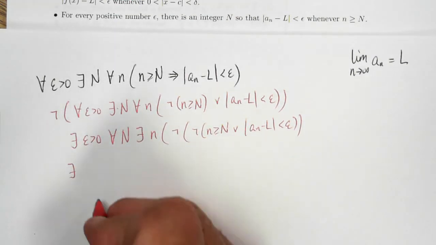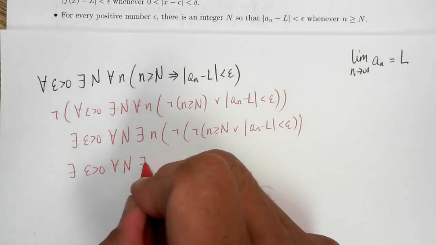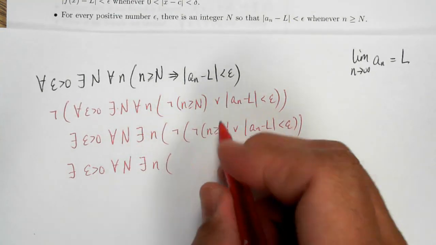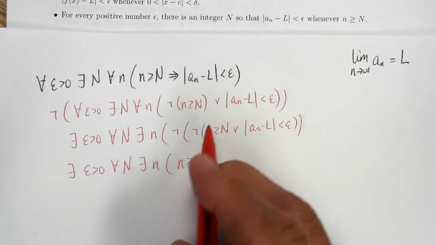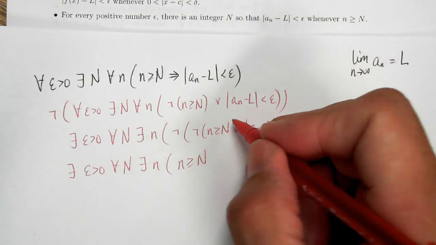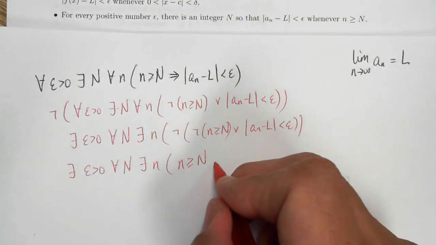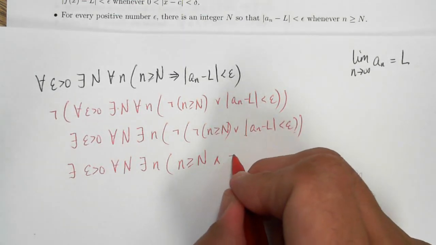which becomes there exists an epsilon greater than 0, such that for every capital N there is an n, such that n is greater than or equal to N, the negation of the first statement, and I should add parentheses there, and the negation of the second statement.